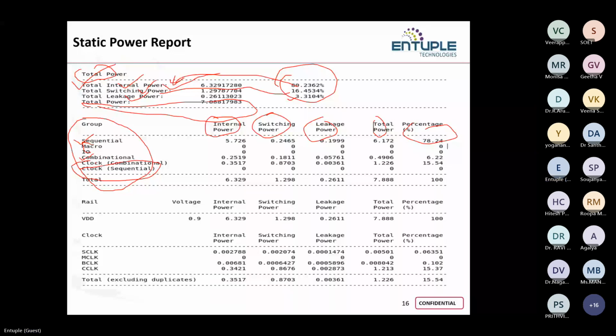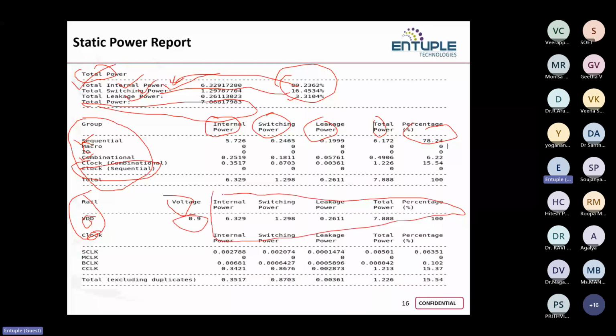So next one, rail. When we are designing the power plan, we have VDD and VSS, right? So the VDD rail and the clock at CTS time. For this rail, it shows the voltage, how much voltage you are applying, the switching power component, and this percentage also will be covered.